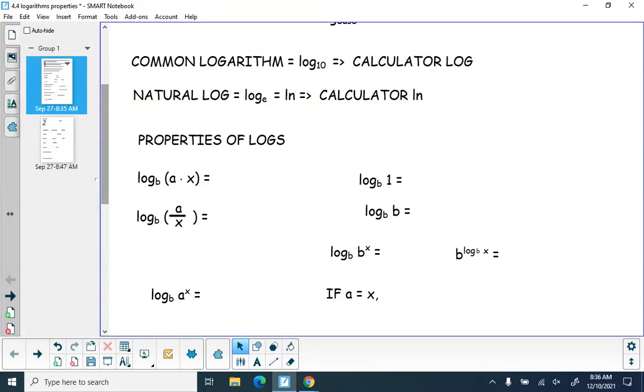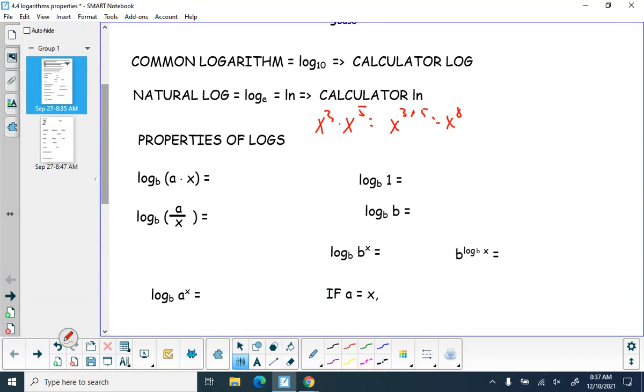If I have x to the third times x to the fifth power, I have like bases, and I'm multiplying these two things together. What do we have to do with the exponents to simplify this? Add them. This is x to the 3 plus 5 power, which is x to the 8th power.